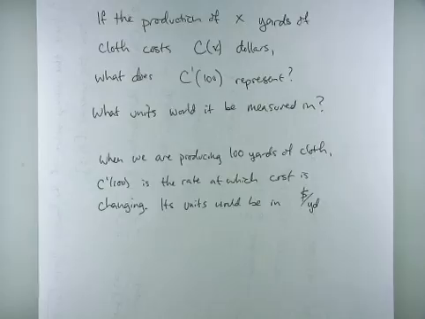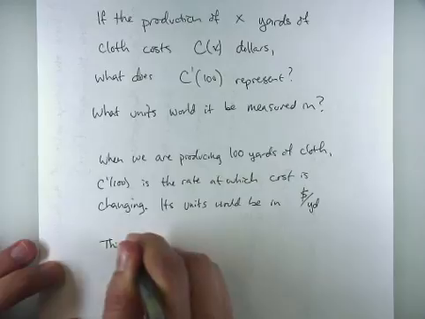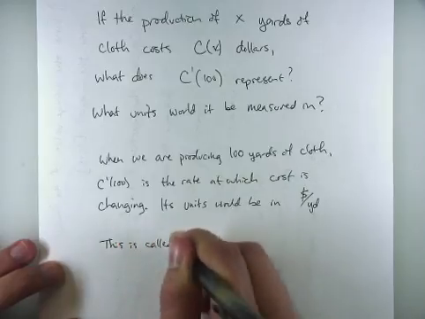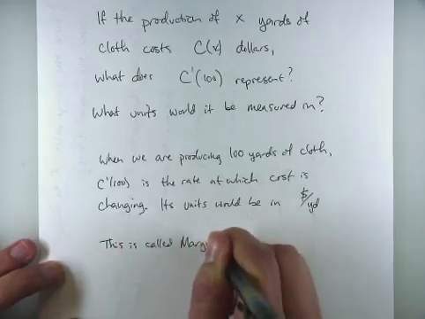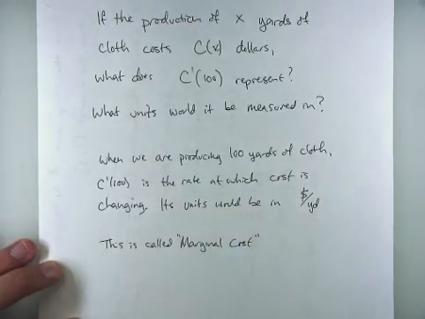This is called marginal cost. Marginal in business is usually just a fancy term meaning the derivative of. We'll talk more about marginal functions in chapter 3, so it's not necessarily something that we have to put to memory now.